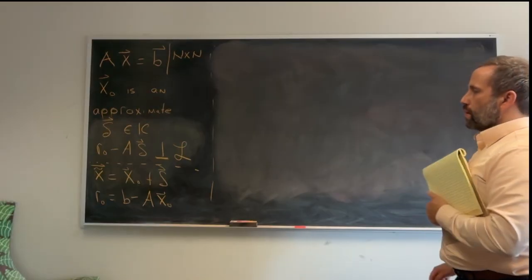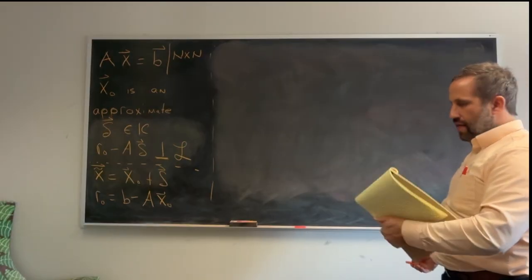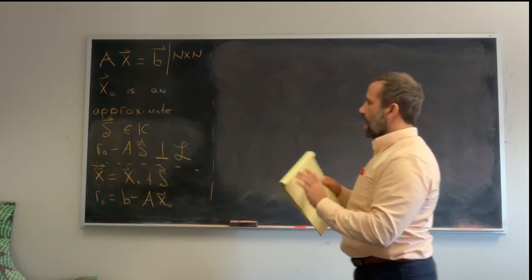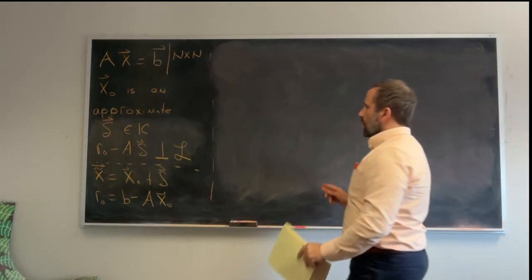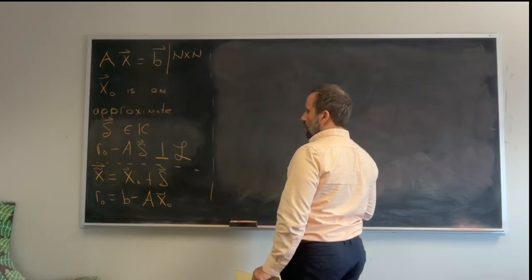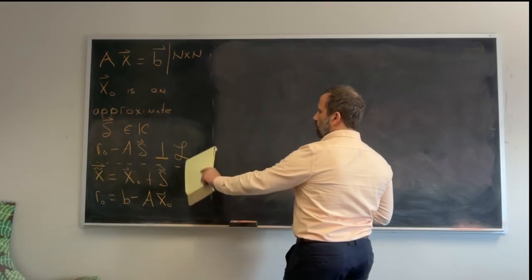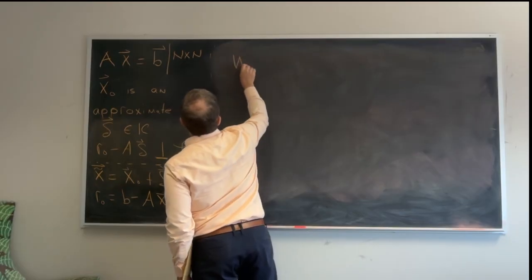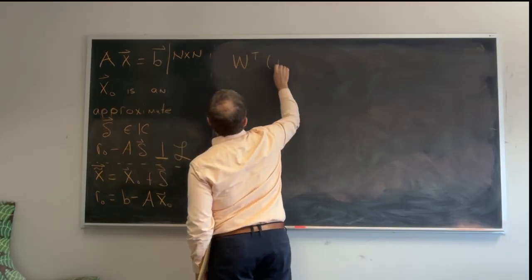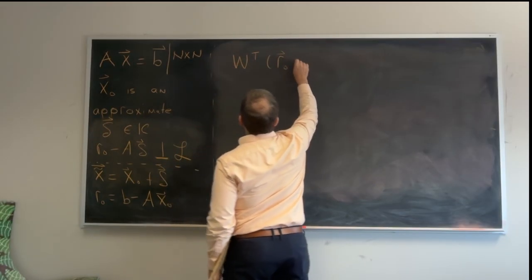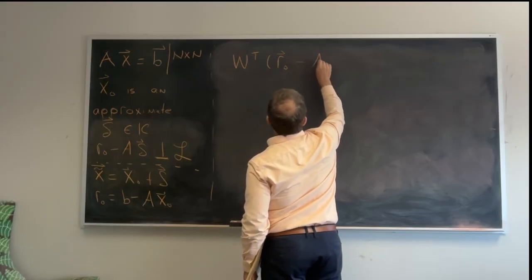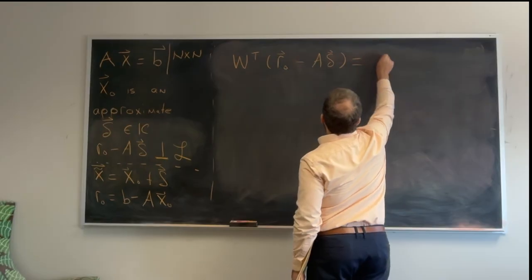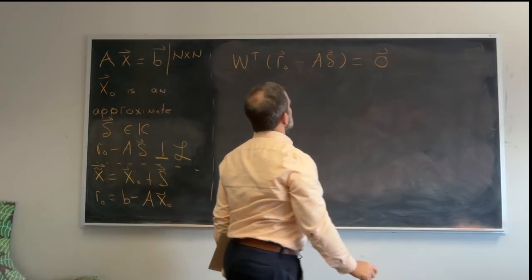Remember that another way we can state this orthogonality condition is, if the columns of a matrix W form a basis for L, we have W transpose times (R naught minus A delta) equal to the zero vector.